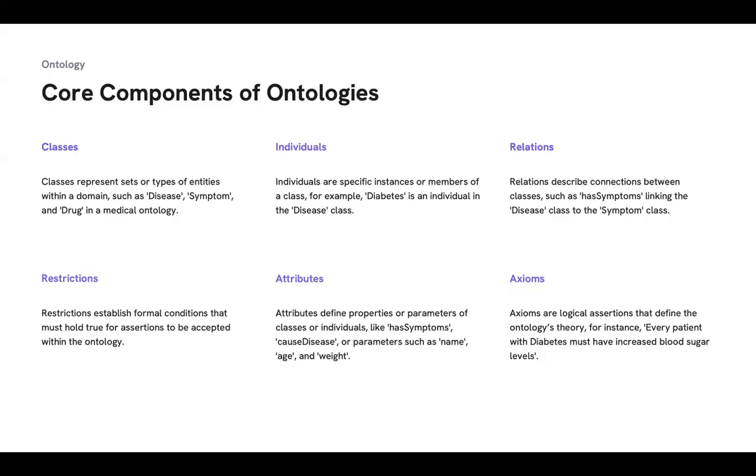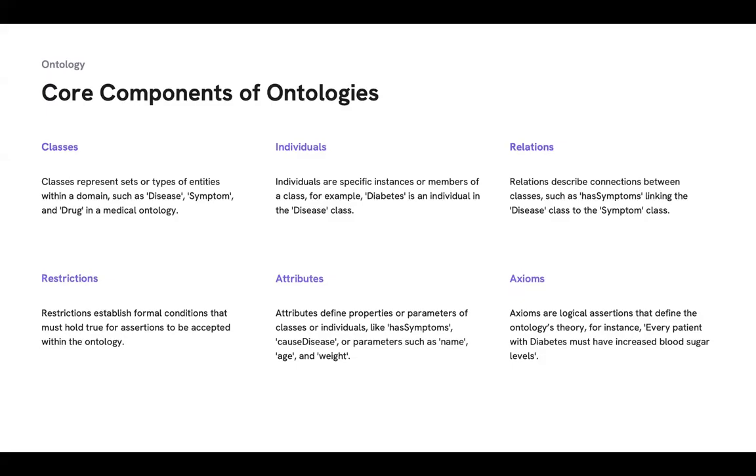So the point of restriction is to say we specify the condition that should hold for this data to be accepted within the ontology, meaning a person cannot just share a name as a date of birth, or share some other type of information as a date of birth. So these restrictions are important.